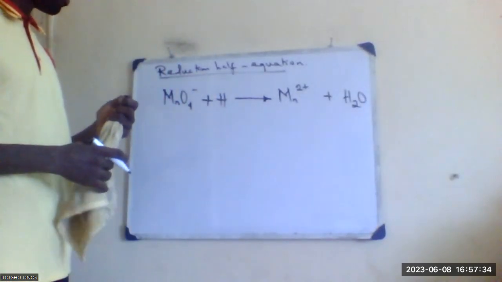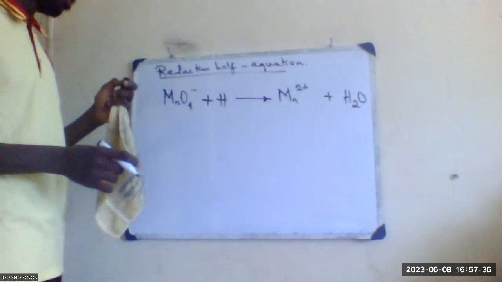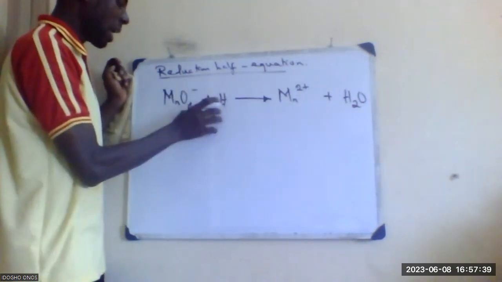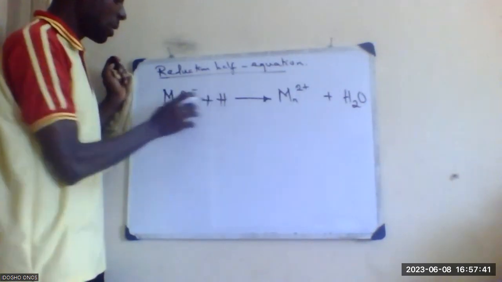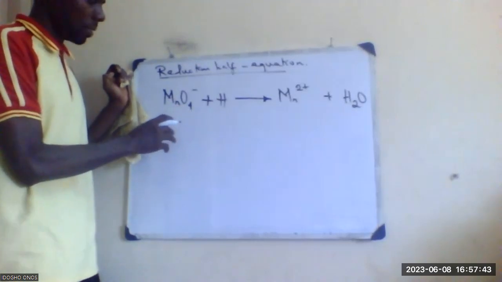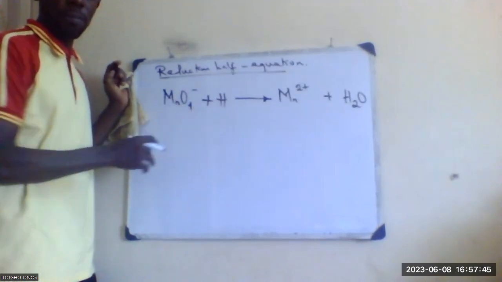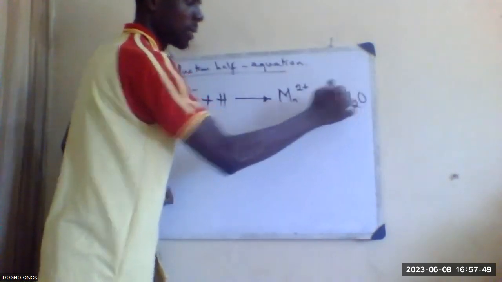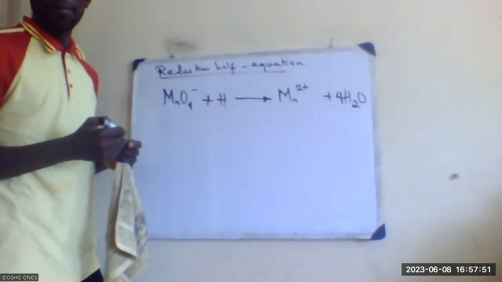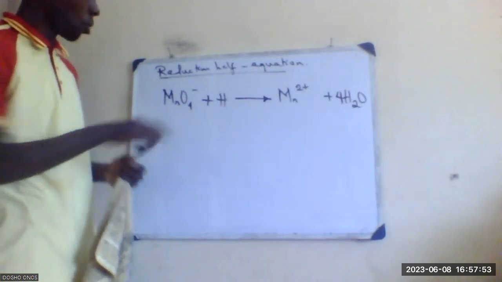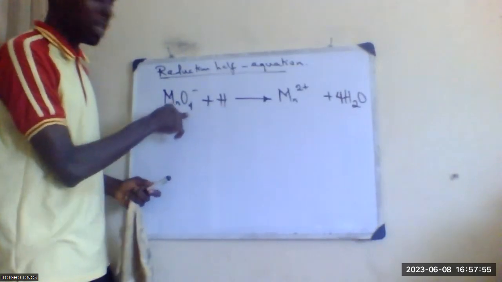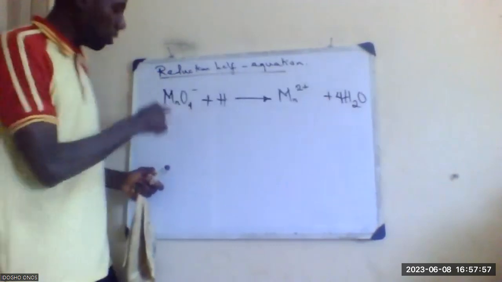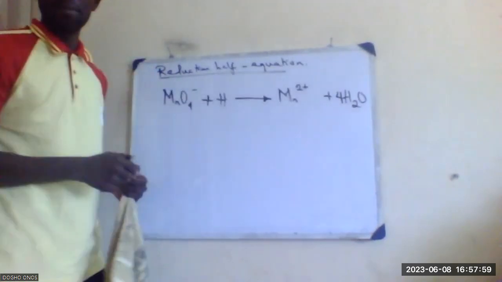Are you with me, please? Yes. Okay. Now, how many oxygen do we have on my left-hand side? 4. So I'll put 4 in front of my water, because there's 4 oxygen here. If here was 3, I'll put 3 here. If here is 2, I'll put 2 here.